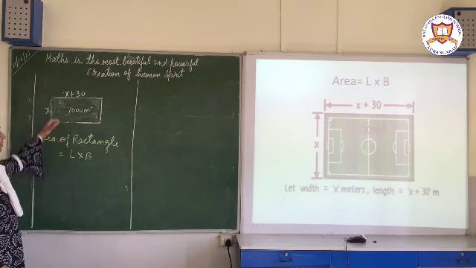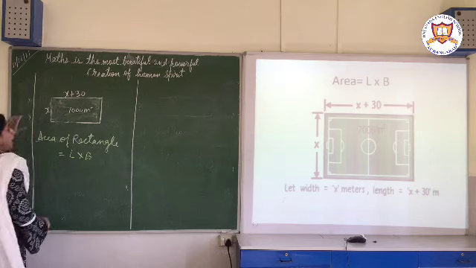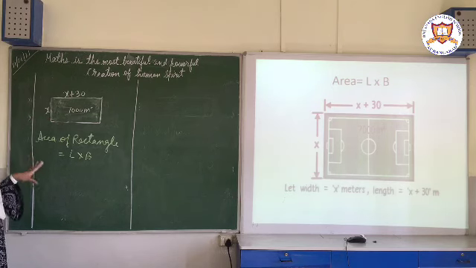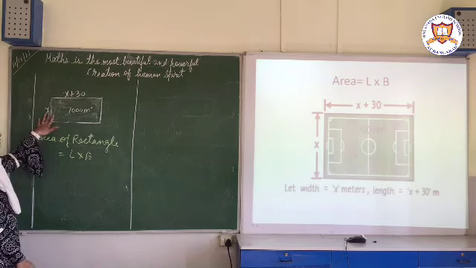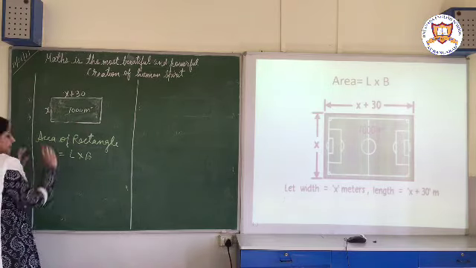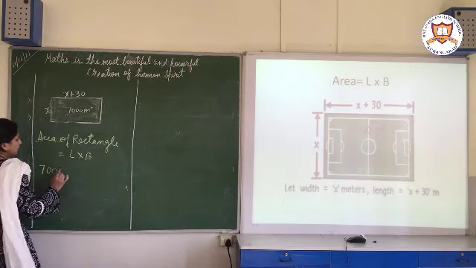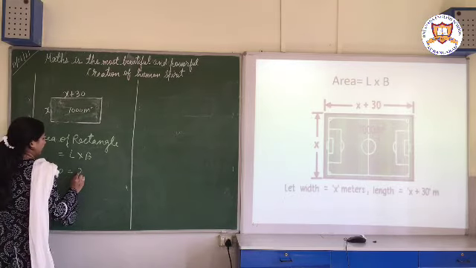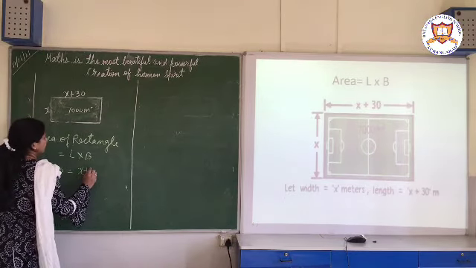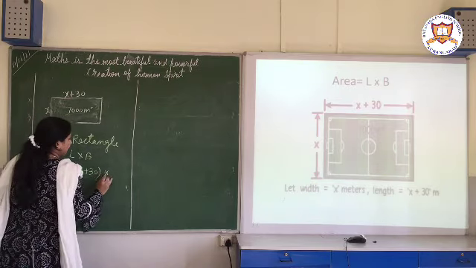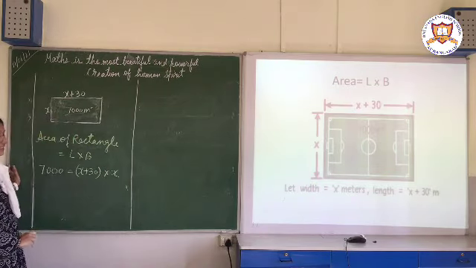Now we will just substitute these values. I have taken x here. As I told you earlier also, from a to z you can assign any variable. It is not always compulsory to take x only. So the area of the rectangle, they have already given us, is 7000, which equals length, x plus 30, times breadth, x.